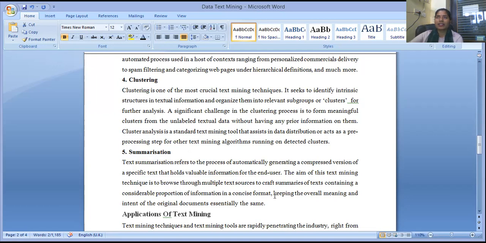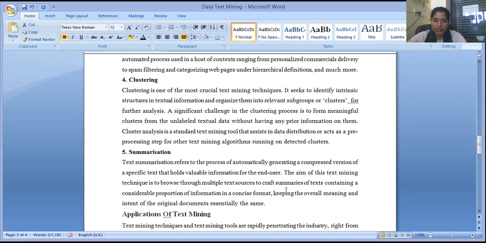Clustering is basically that data with the same characteristics, from the huge amount of data you have extracted, can be placed at one place and stored in one place, and where you are placing that data is known as the formation of clusters.